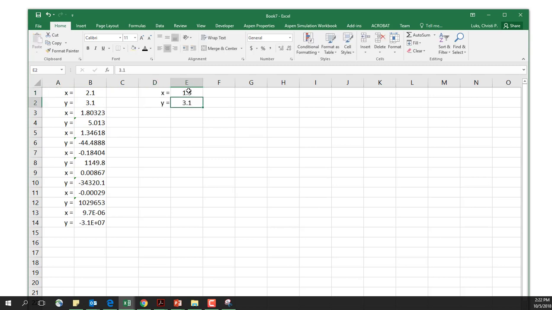And again, I'm going to put in my starting values that I started with. My x is equal to the square root of 10 minus x times y. y is equal to the square root of 57 minus y over 3x.